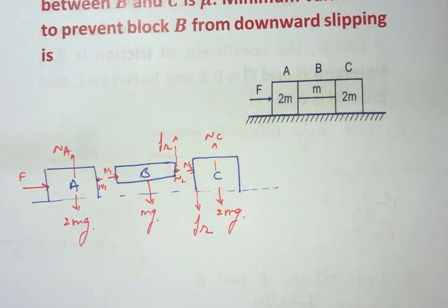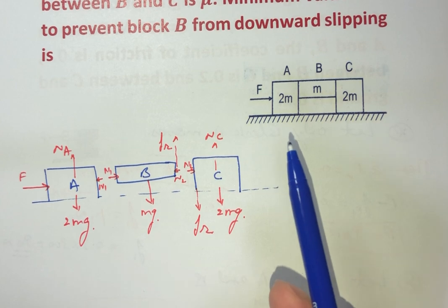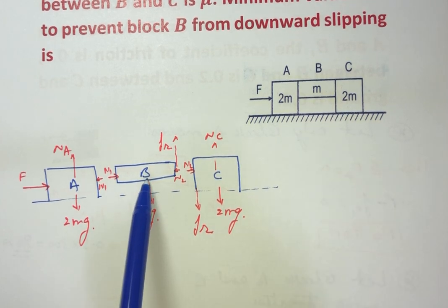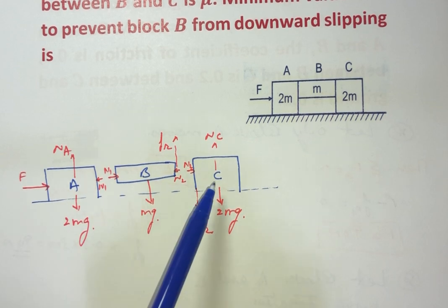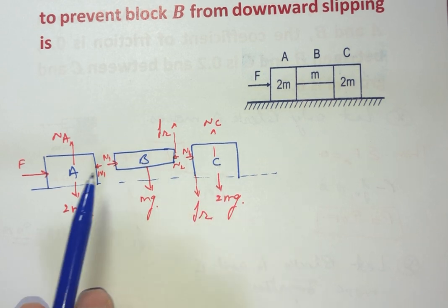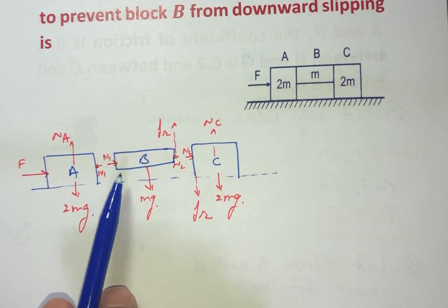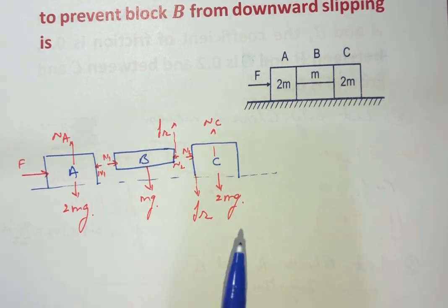So these are the forces, and one of the basic requirements for B not to slip downward is that the acceleration of A, B and C is the same. If they are moving with different accelerations, then obviously B will be moving downward irrespective of the value of the friction.